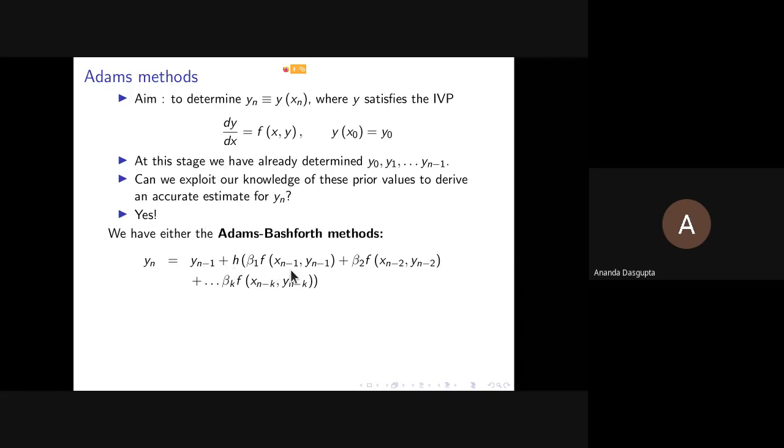So why don't you take those slopes, the slopes at xn minus 1, yn minus 1, xn minus 2, yn minus 2, say k such slopes up to xn minus k, yn minus k, weight them with different factors beta 1, beta 2 up to beta k, average them together and find a slope and use that as the slope.